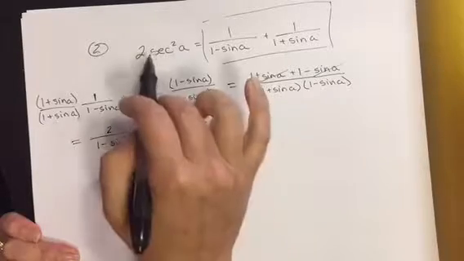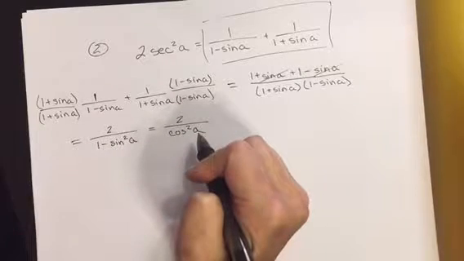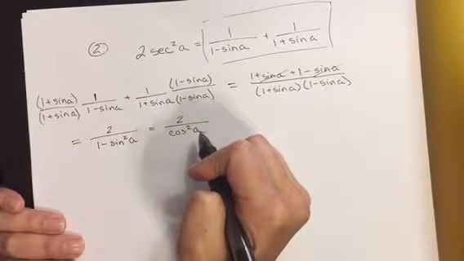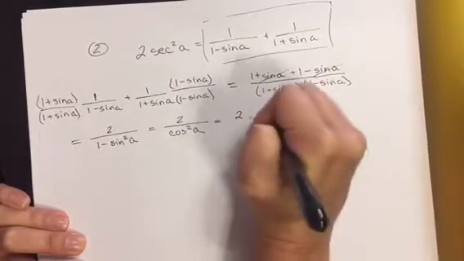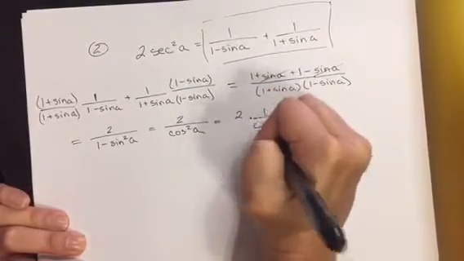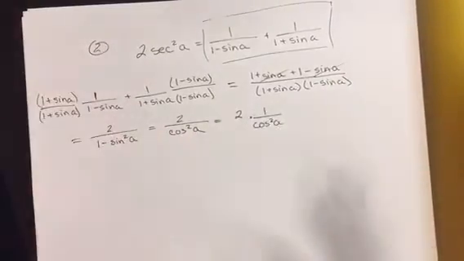And I know, I'm going for secant here, I know that the inverse of cosine squared a is secant. So again, just to be 100% clear, I'm going to write this as a separate fraction. This is equivalent. I'm just pulling it apart.